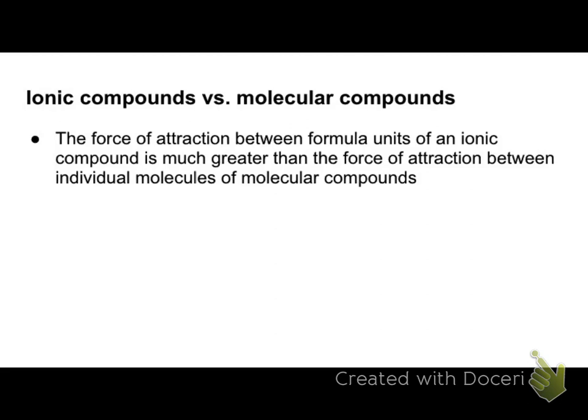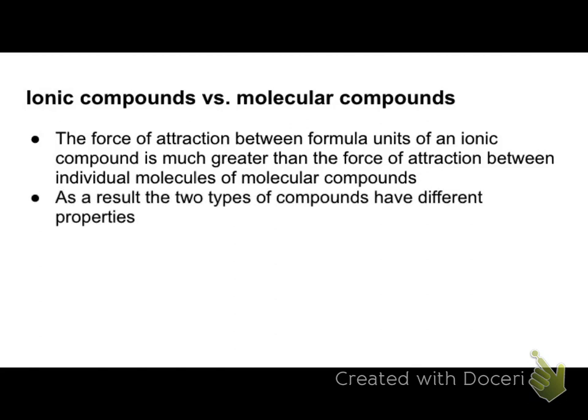The attraction forces between the atoms in a formula unit of an ionic compound are significantly stronger than the attraction forces between atoms in a molecule of a molecular compound. That's because we're dealing with attractions due to charges as opposed to attractions between the nucleus of one atom and the electrons of another. It's just a much stronger force between charged ions.